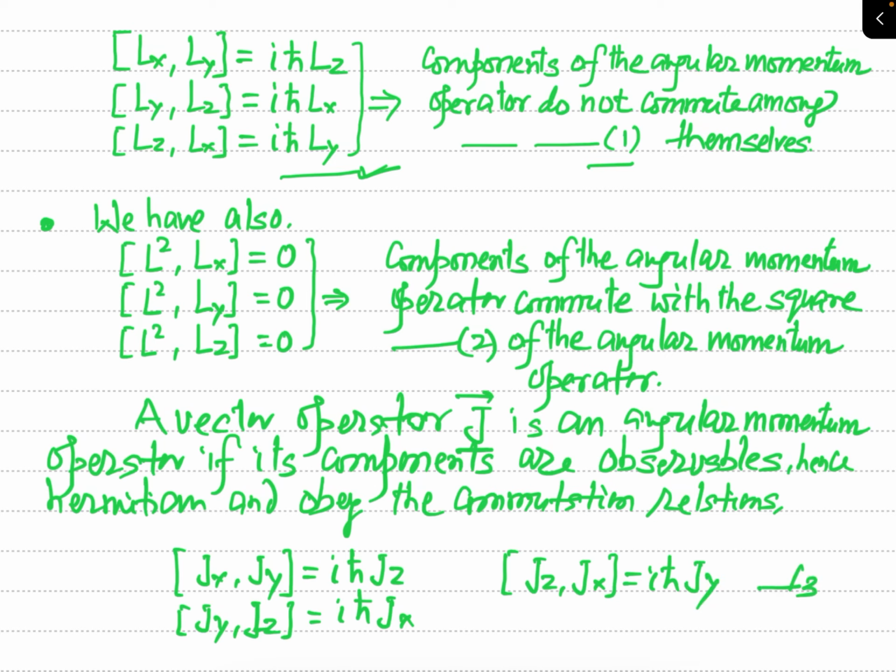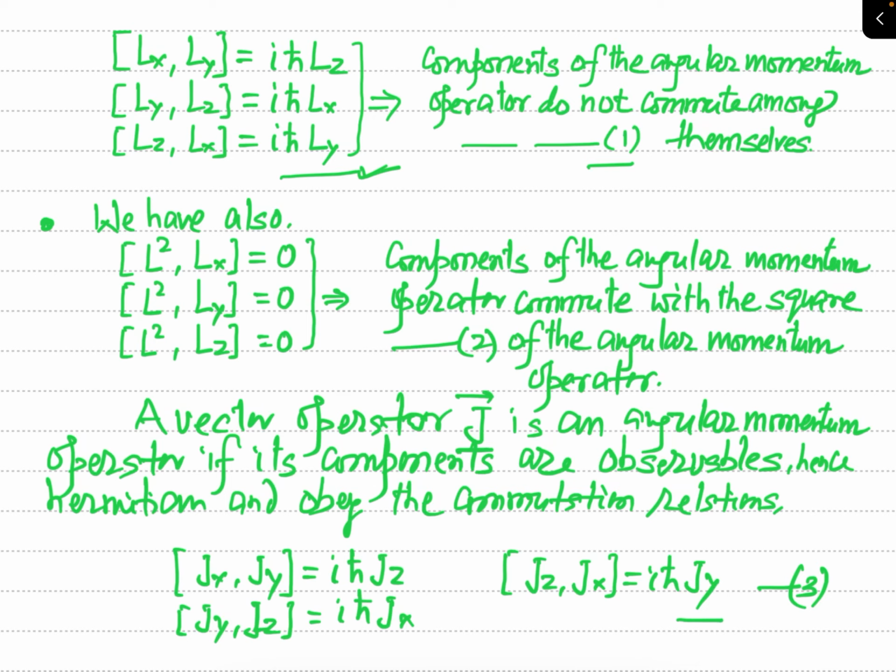So when Jx, Jy and Jz obey these commutation relations which I have mentioned in this equation 3, then you say that these Jx, Jy and Jz are observables, and these are actually the operators corresponding to the components of an angular momentum vector operator J, or such a quantity J is then called the angular momentum in quantum mechanics.